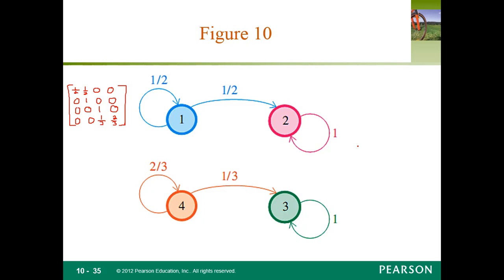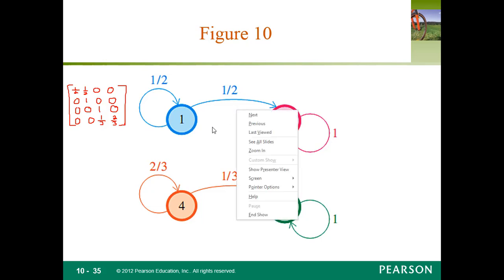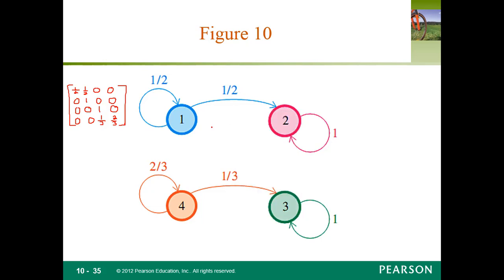Now, if we look at this, first of all, are there absorbing states? Yes, there are two of them. State 2 and state 3 are absorbing states. And also, what else? Is it possible to go from a non-absorbing state to an absorbing state?